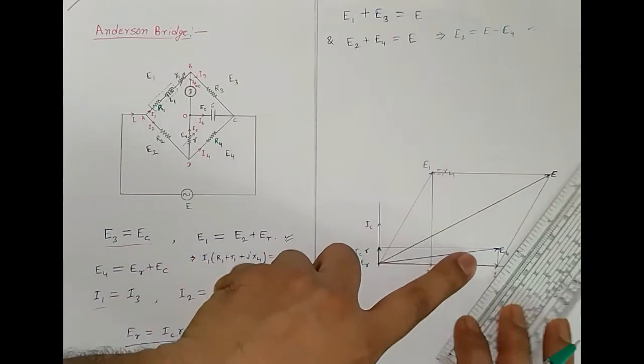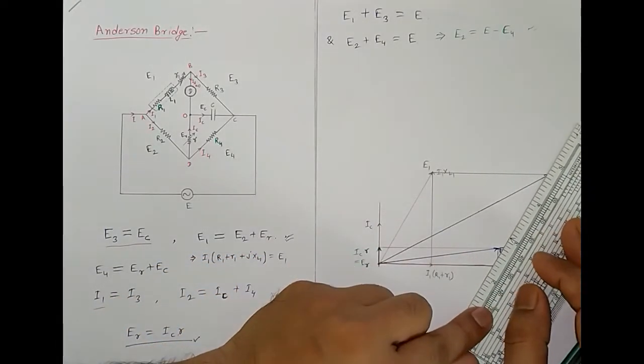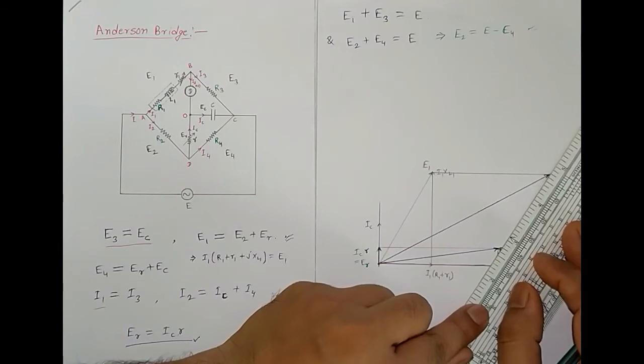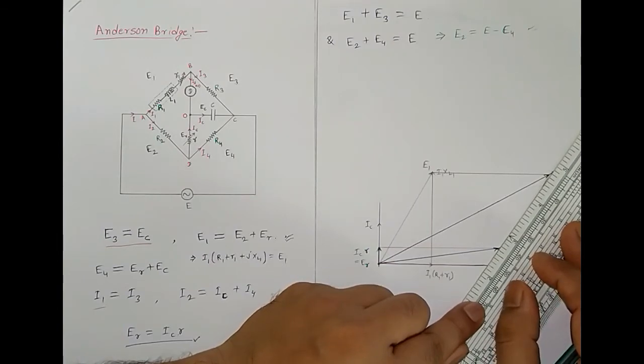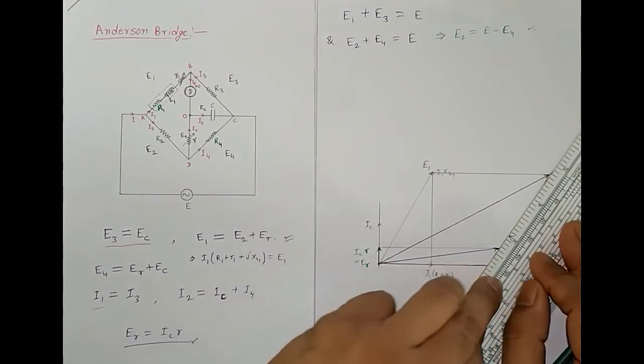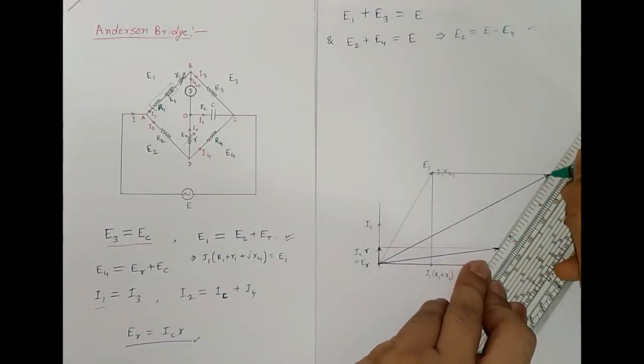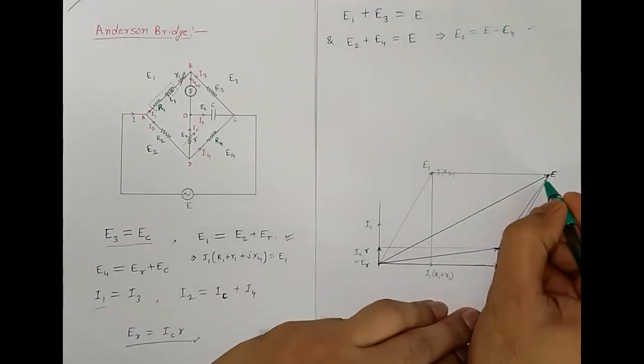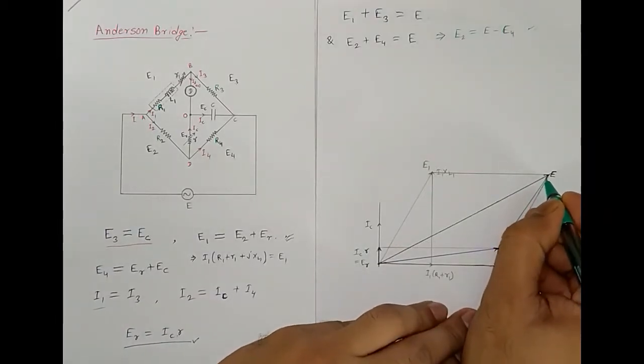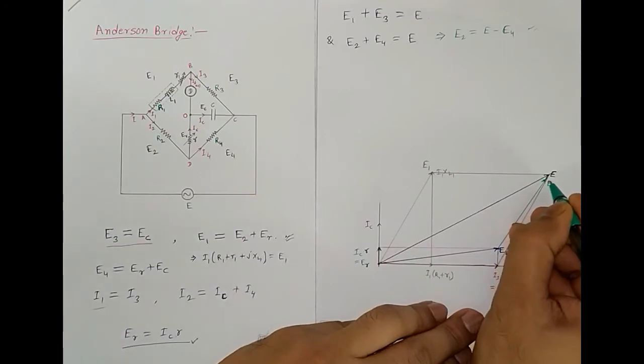Obviously E2 plus E4 gives us E. That means the line joining E4 and E will give us E2. So this line is nothing but E2.